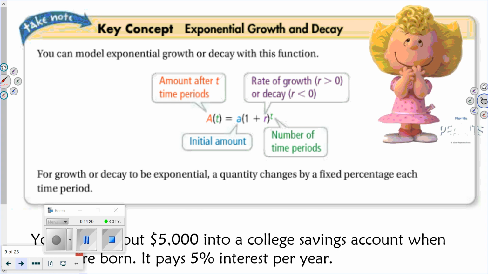It's always 1 plus the rate. So 1 plus 0.05 would be greater than 1. Okay. The reason you need the 1 plus is because I want to actually include the $5,000 initially put in plus any of that interest. So my final answer gives me my total at the end, not just how much interest I made. That makes sense? Okay.